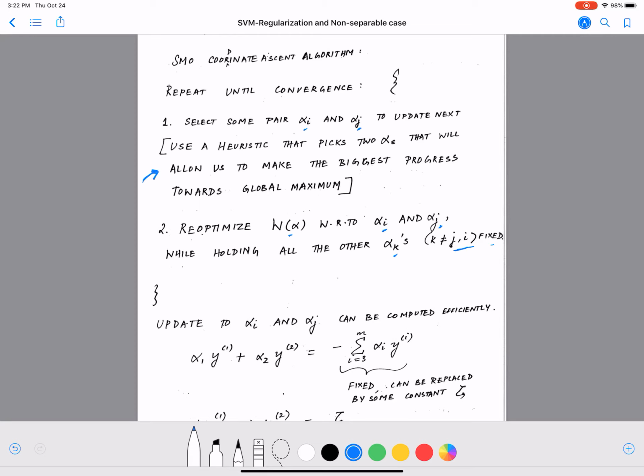So this is exactly what you need to solve, right? Instead of solving for all the alpha i's, you hold all the k's where k is not equal to i, j fixed, and solve for that. And that is what the SMO algorithm does to finally finish solving SVMs.